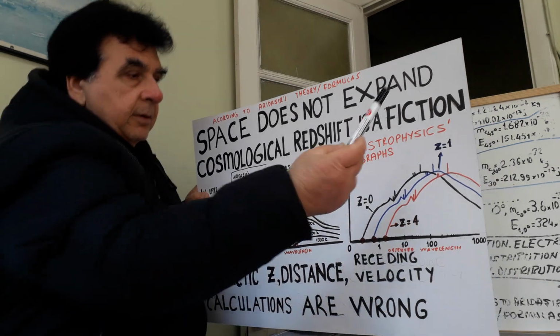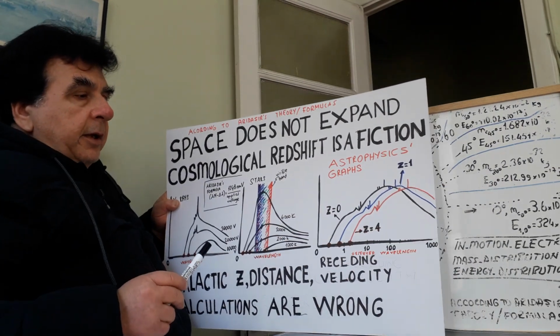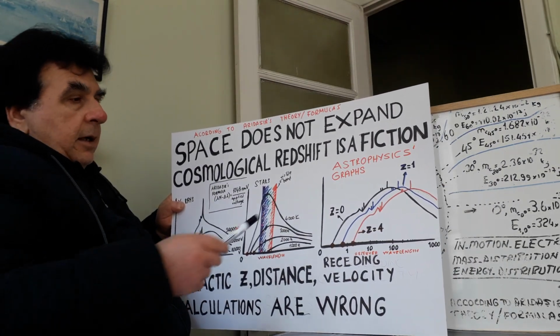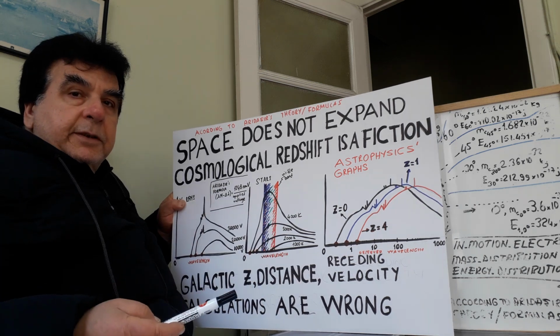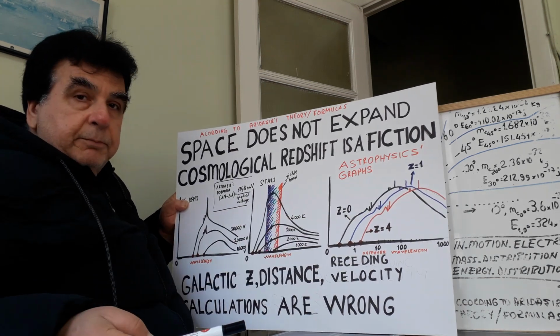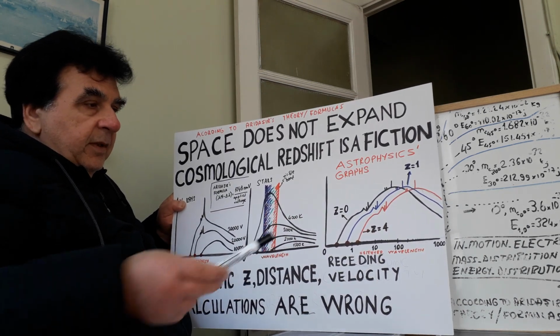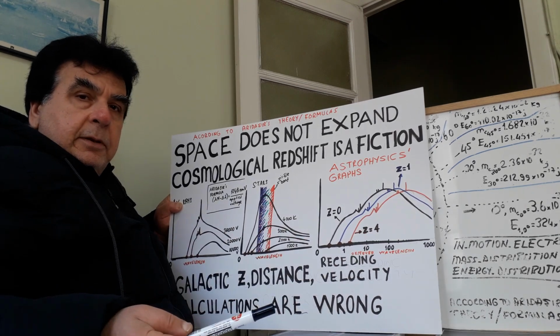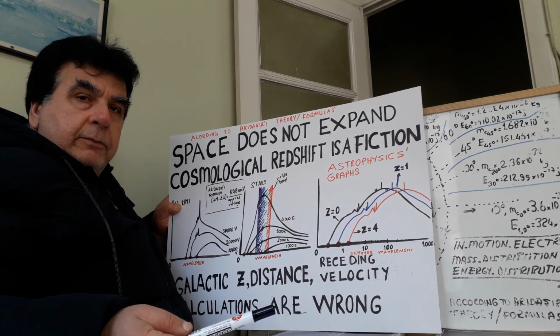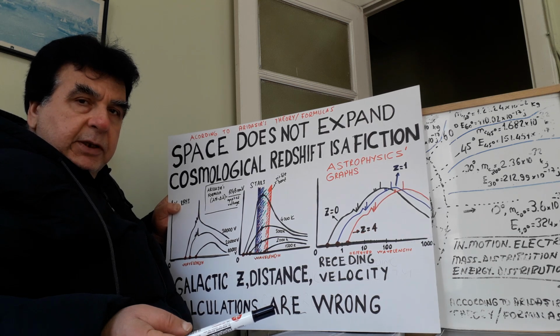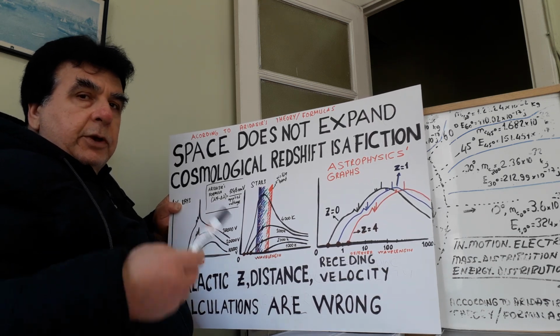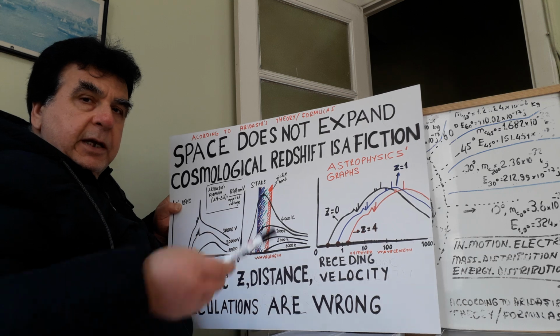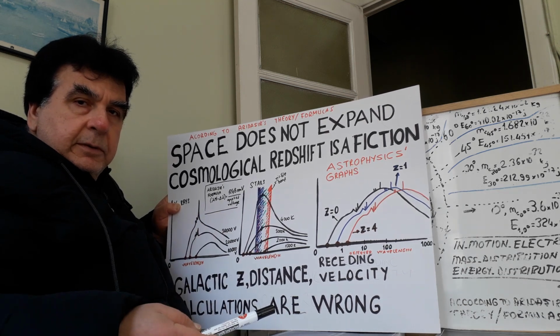But now, here, astrophysics graphs comparison. Z equals 4 has superluminal velocity because they say the universe expands at this velocity.